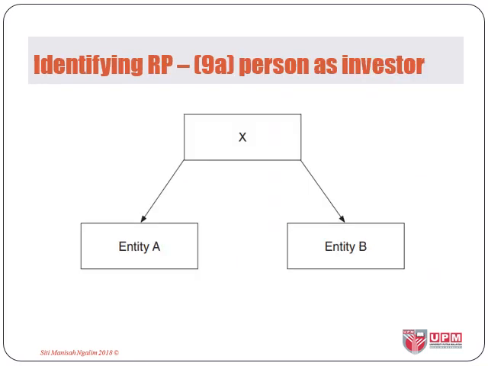Consider this example where X has an investment in entity A and entity B. For entity A's financial statements, if X controls or jointly controls entity A, entity B is related to entity A when X has control, joint control, or significant influence over entity B. The same can be achieved in the same situation in the financial statements of entity B. But if X has significant influence over both entity A and entity B, entities A and B are not related to each other.